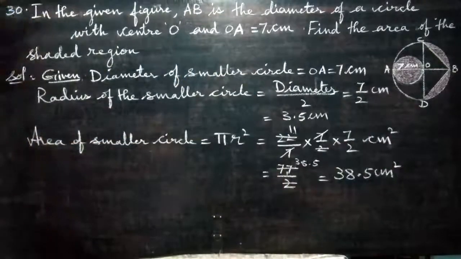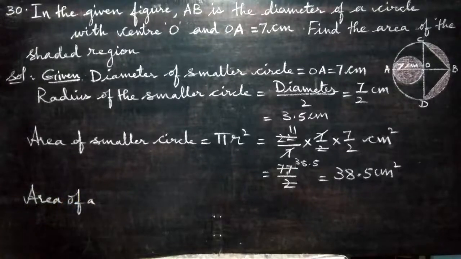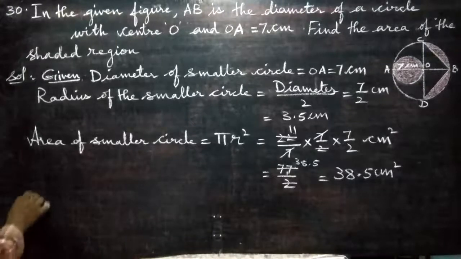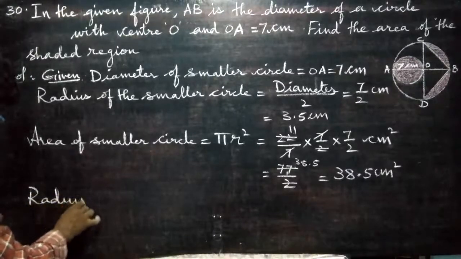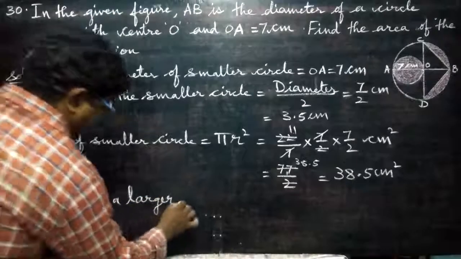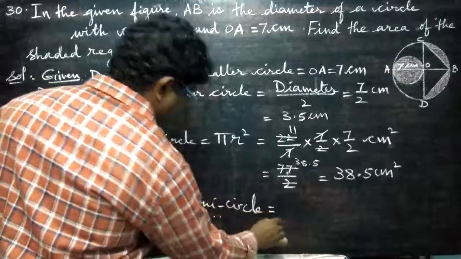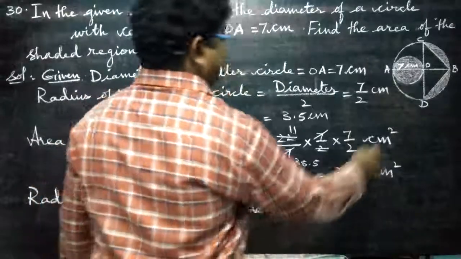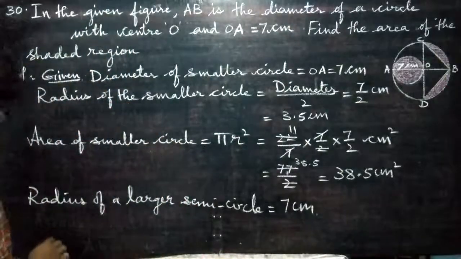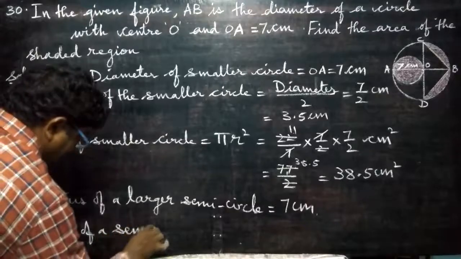Next, find area of the larger semicircle. First find the radius. Radius of larger semicircle is 7 centimeters. Now, area of a semicircle.